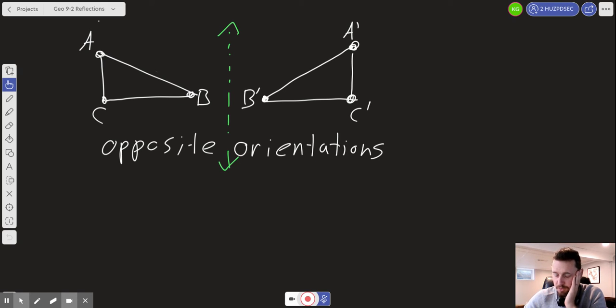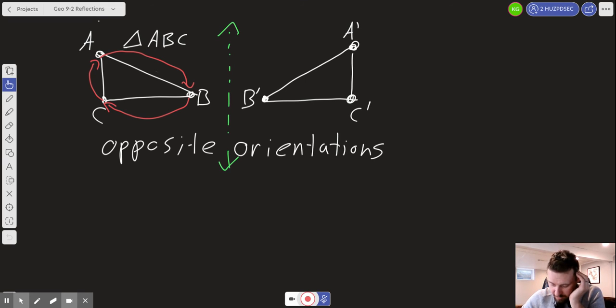And if we were to name these triangles, we would name this triangle A, B, C. If you can see here, A, B, C, here the coordinates are going clockwise, but because my orientation is in the opposite direction on the other side, if I were to name this one, I would name it triangle A prime, B prime, C prime.